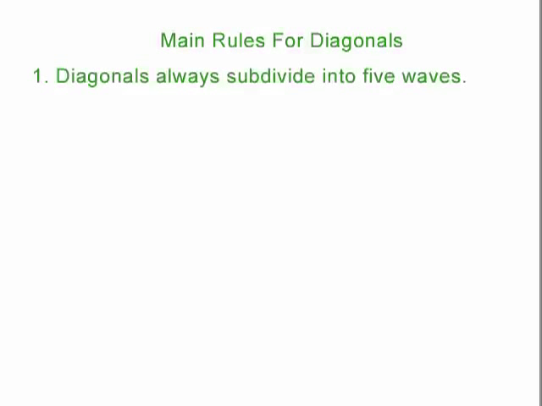The main rules for diagonals are a little bit different because their purpose is sometimes a little bit different. Diagonals contain many features of impulses, but they also have some corrective features. Diagonals must always subdivide into 5 waves.